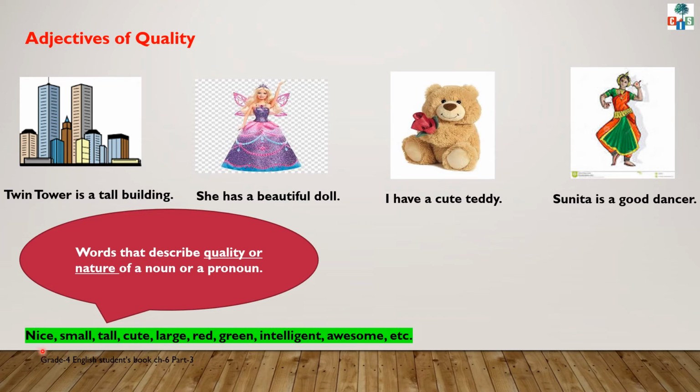Words like nice, small, tall, cute, large, red, green, intelligent, awesome. You can say blue, yellow hat, etc. are adjectives of quality.